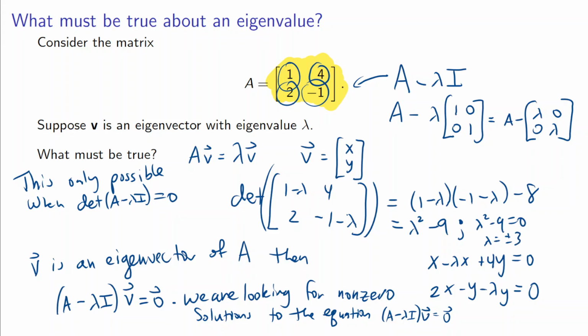So apparently, we will only have an eigenvector v if we have an eigenvalue of either 3 or negative 3. What would an eigenvector v then therefore be equal to? Let's take lambda equals 3 to begin with.